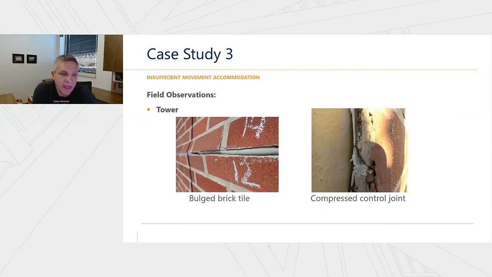At the tower, we saw that the buckled units at the horizontal were aligned with horizontal movement joints in the brick tile veneer. And when we made an inspection opening or several inspection openings at the backup, we saw that the plastic control joints at the backup scratch coat are compressed. So those are shown: the bulged brick tile as well as compressed mortar on the left, and the compressed control joint on the right.